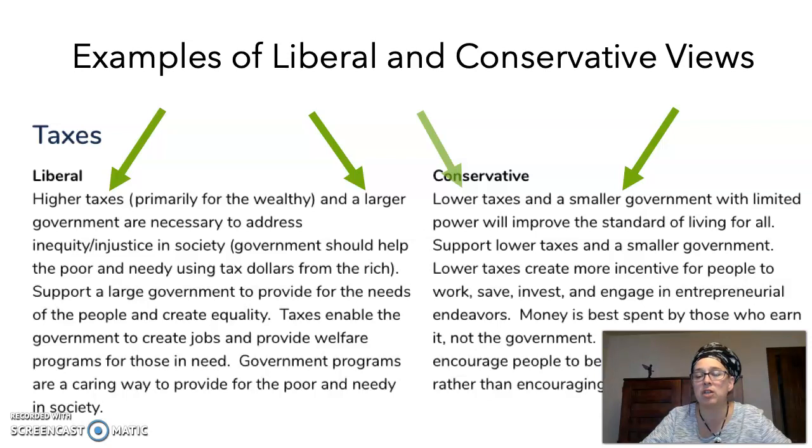Government programs encourage people to become dependent and lazy rather than encouraging work and independence. So the problem with a conservative, of course, is that if we don't pay our money in, we don't have good roads. Everybody in society doesn't necessarily benefit when we don't. But they do not feel that people who have been successful should be responsible to carry the burden of others.